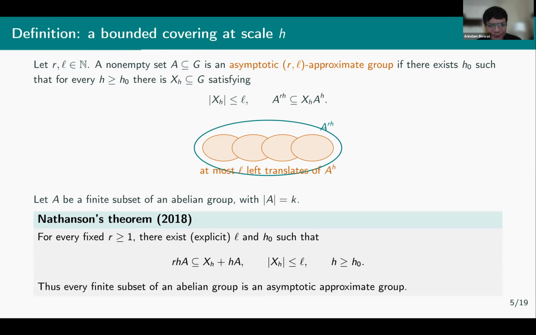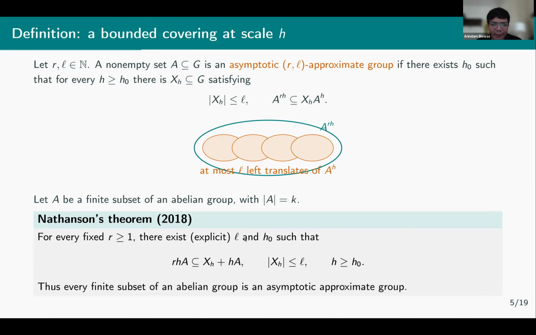Nathanson showed the following. If A is a finite subset of an abelian group with the size of A equal to K, then for every fixed R, there exists an explicit L and H0 such that A to the power RH is in XH times A to the power H. So any finite set in an abelian group satisfies this condition, and thus every finite subset of an abelian group is an asymptotic approximate group.